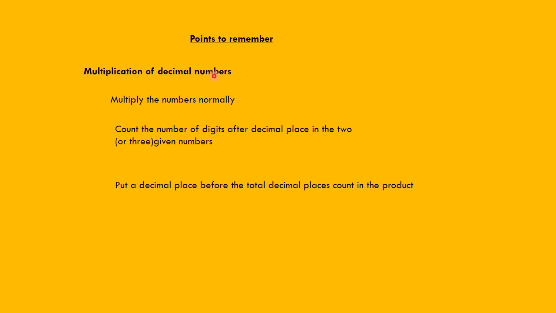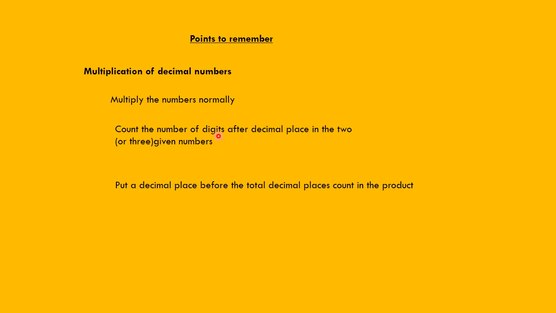When you are multiplying two decimal numbers or 3 or 4 decimal numbers, just ignore the decimal places while you are doing the multiplication. Just multiply the numbers normally, then count how many digits after the decimal place we have in the given numbers, whether 2 or 3 or 4. The same procedure can be applied for 2 or 3 or 4.